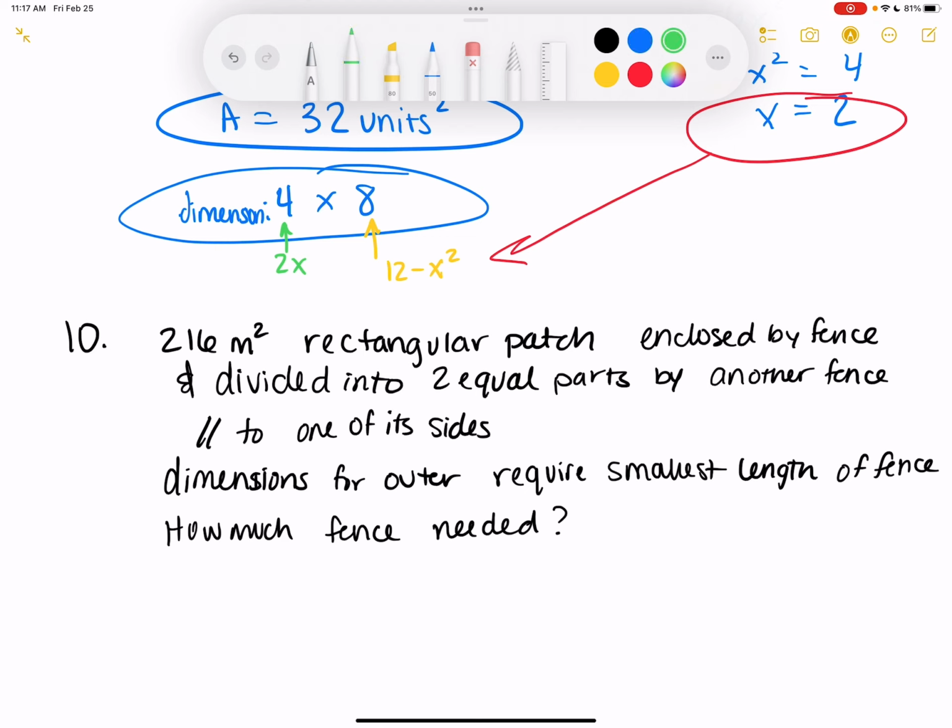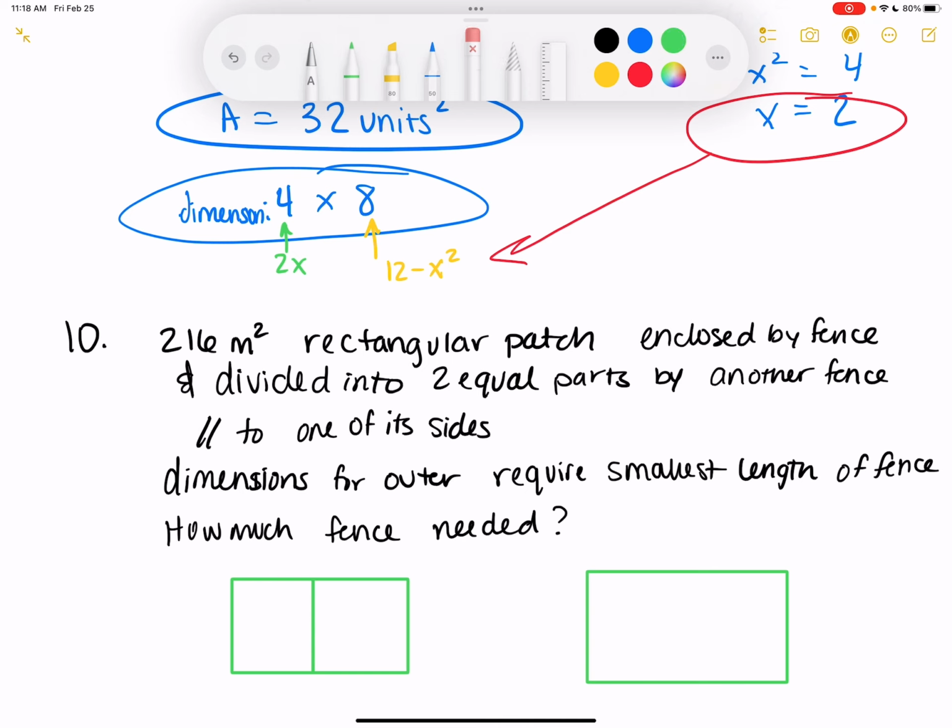Alright, so I'm going to draw my lovely patch here. I'm actually going to draw it twice and look at it. So we could divide the patch this way.